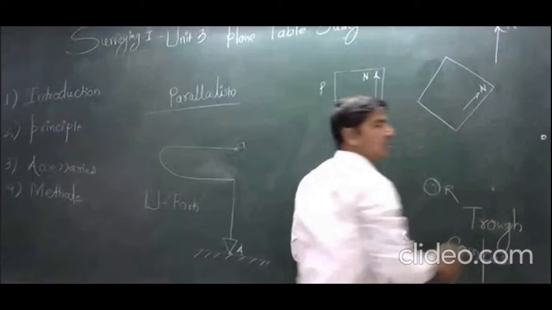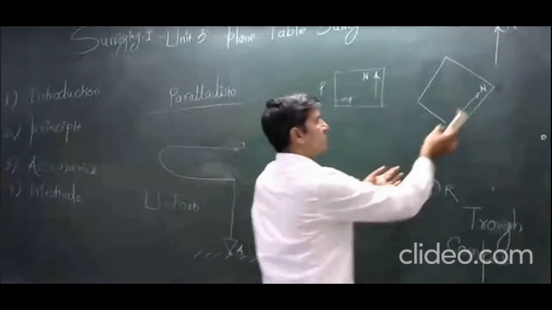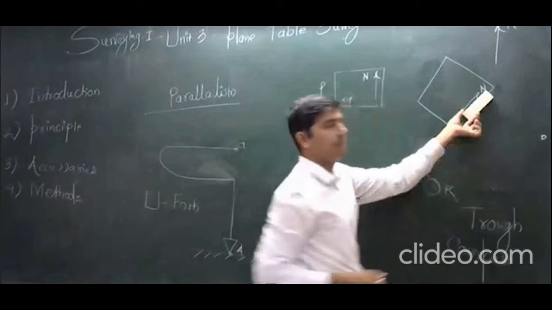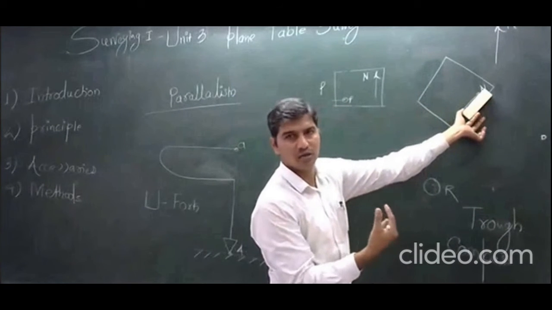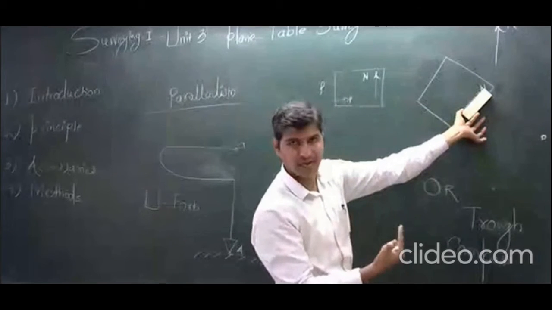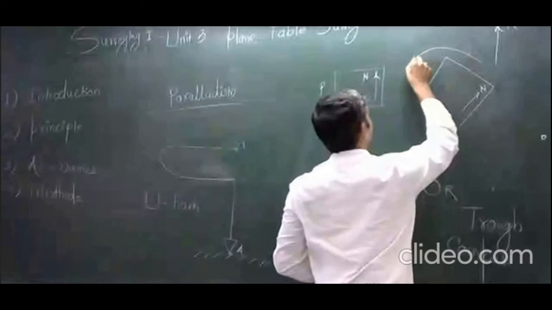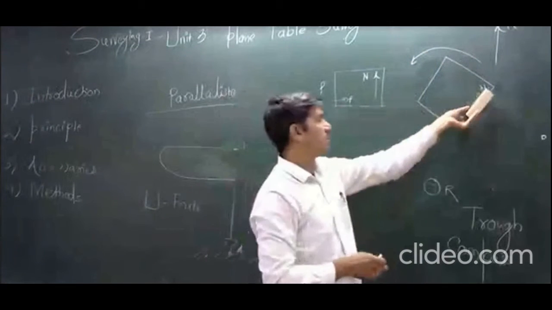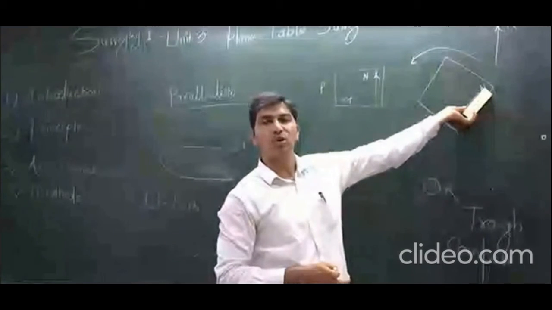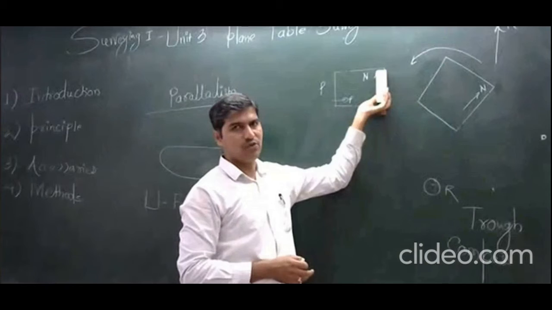My north direction is like this. Correct? So I will keep the rough compass parallel to the line, loosen the plane table, and rotate the plane table in such a fashion that it achieves the true position of north, which was in the previous position.